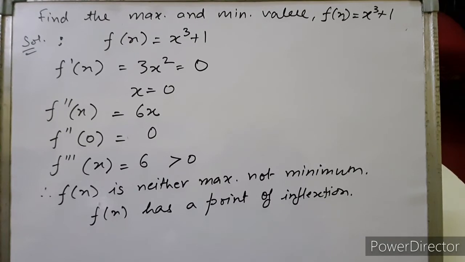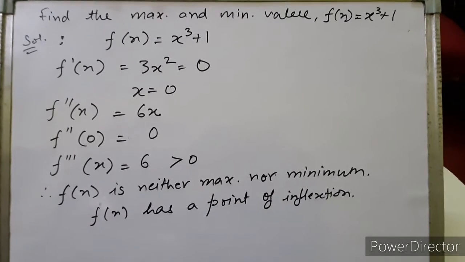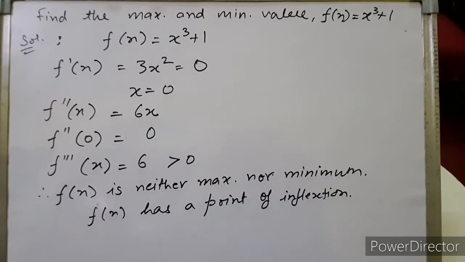So what we have discussed earlier, whenever we get an even derivative 0 and an odd derivative positive or negative, then we are getting neither a maximum value nor a minimum value. Or we can say that at f(x) we are getting a point of inflection. Alright children. Point of inflection means neither are we getting a maximum value nor a minimum value. Note down the board please.